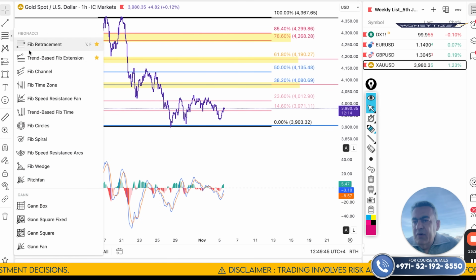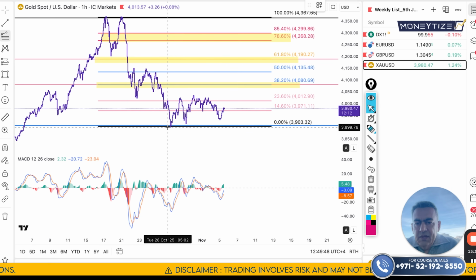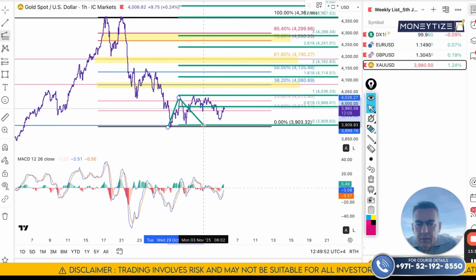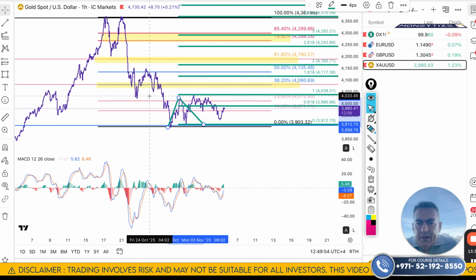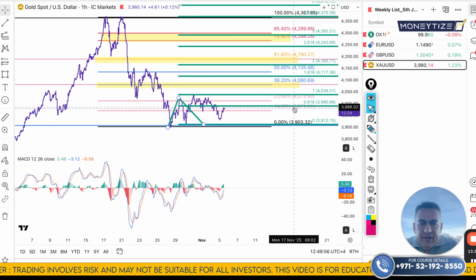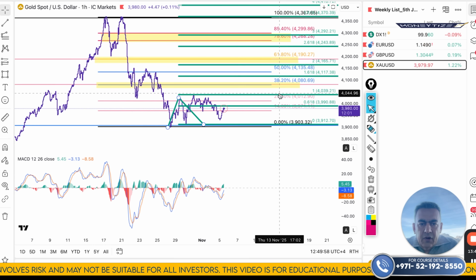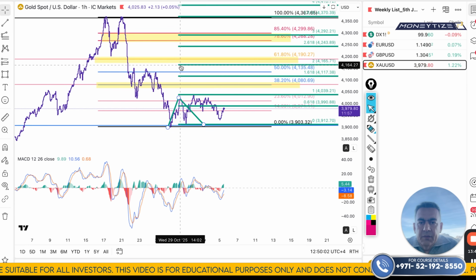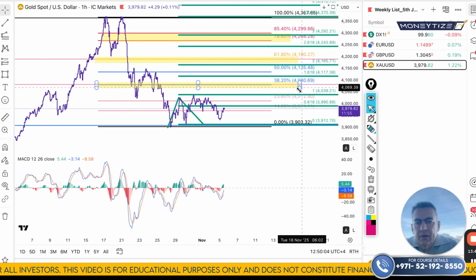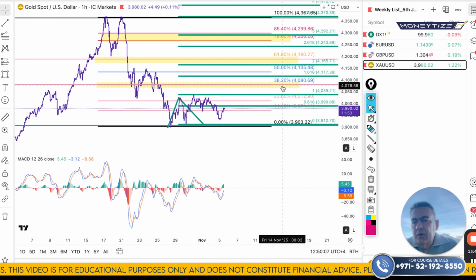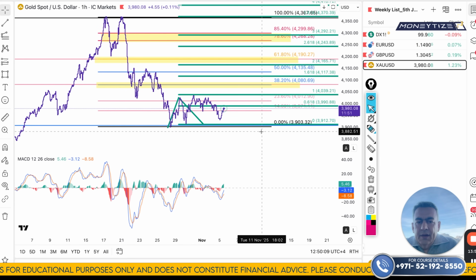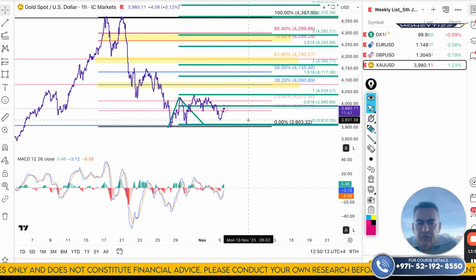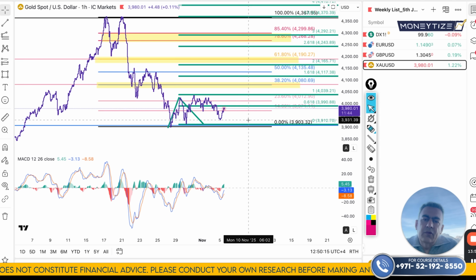I'm going to apply my Fib extension from the lowest to the first high, and the first extension is now 3990 followed by 4039, then 4117 and ultimately around 4165. So 4080 is the next level to look for, and the short-term bullish plan would be invalidated if we see a break below 3931.